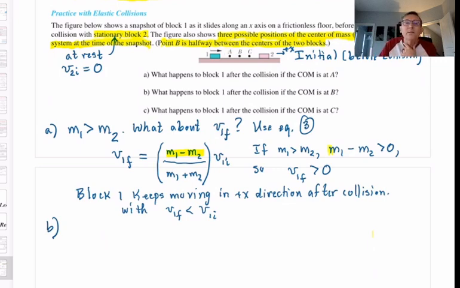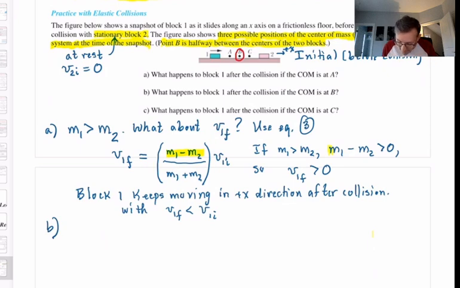All right. So now the center of mass in this snapshot is right there. Point B. Remember, point B is exactly midway between the two blocks in the snapshot. What can you tell me about the masses of the two blocks in that situation?